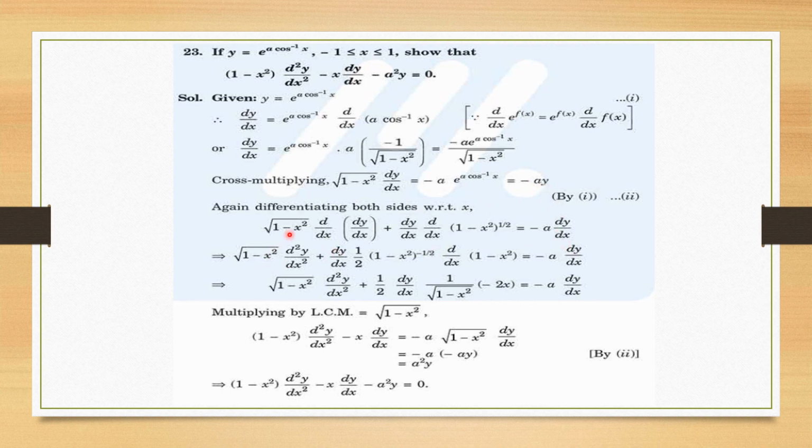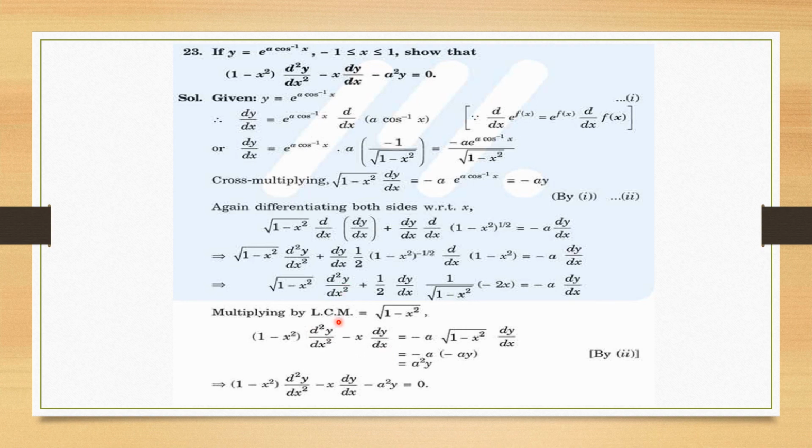So it is root 1 minus x square d square y by dx square plus dy by dx into this derivative, which is 1 upon 2 root (1 minus x square) into the derivative of the inside function, minus 2x, and it is equal to minus a times dy by dx. Again multiply with the LCM, so it will be 1 minus x square, as root and root will be square.